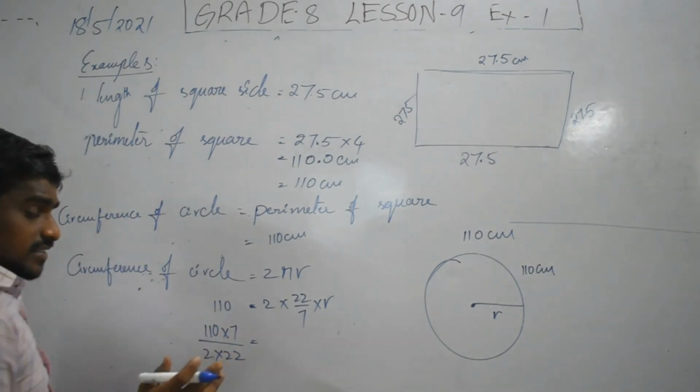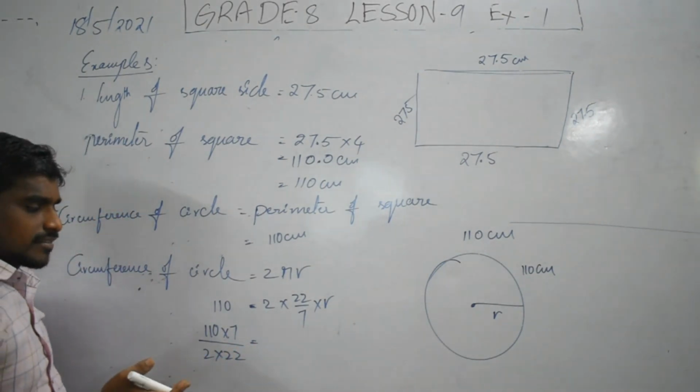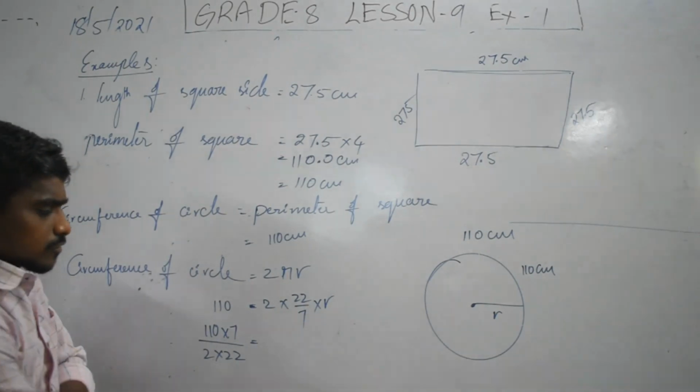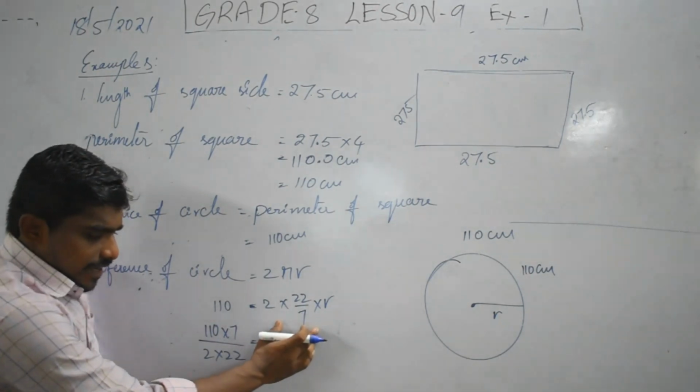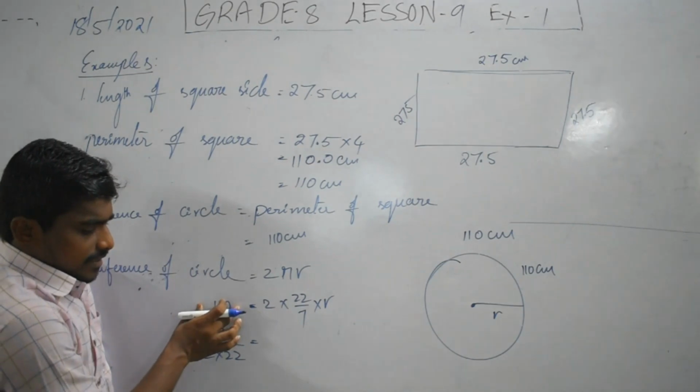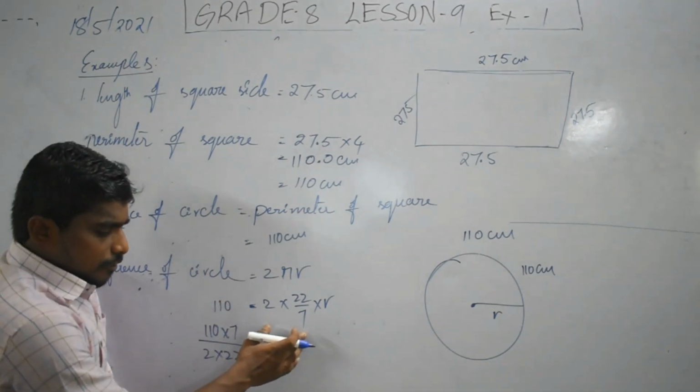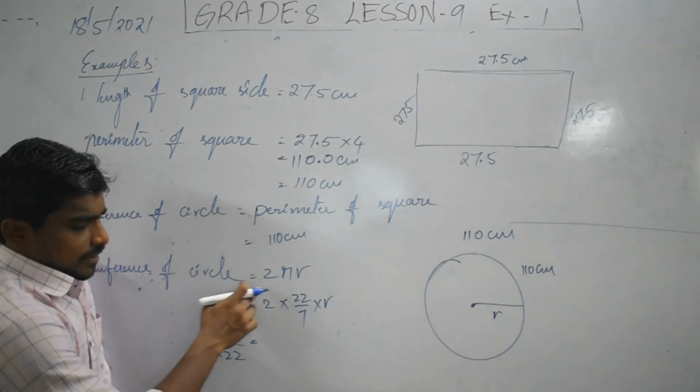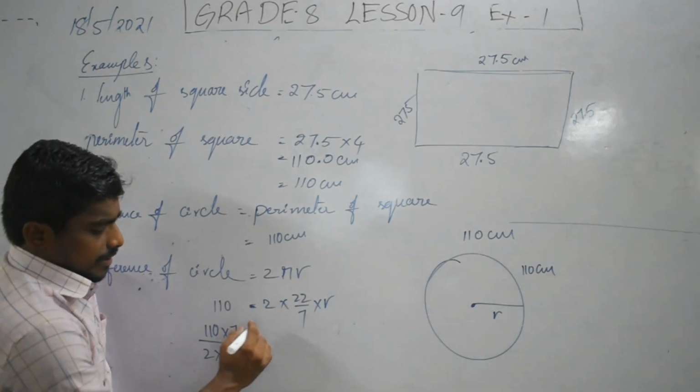You are not in 6th, 7th class, you are in 8th class, how do you know this? So moving from RHS to LHS, the denominator comes to the numerator, the numerator goes to the denominator.